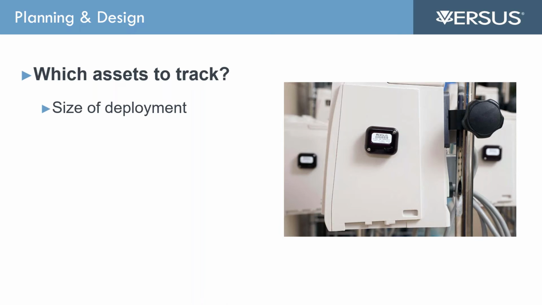One of the things to think about is the size of the deployment. There are 2 different kinds of size. One is literally we're buying 1,000 IV pumps. That's a lot of equipment. That equipment will go throughout the facility or multiple buildings. The other is the size of the facility. We have 4 hospital buildings attached across the street via sky bridges, and equipment's going to go through all of those different facilities.